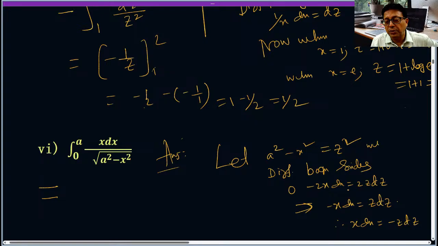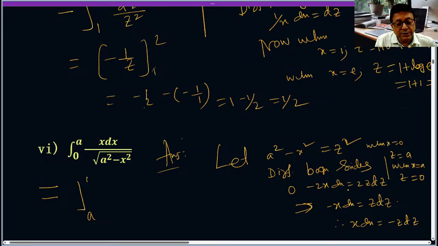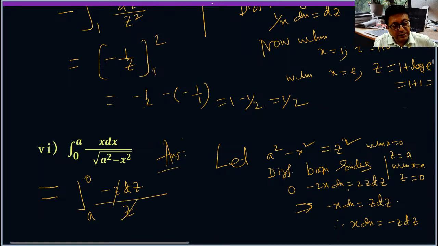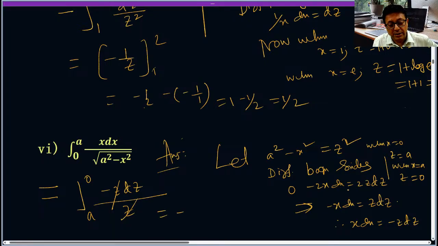When x equal to 0, z equal to what? Z square is a square, z equal to plus minus a, we will take plus. And when x equal to a, z is equal to 0. So this will be a to 0, minus z dz by this z. Get cancelled.